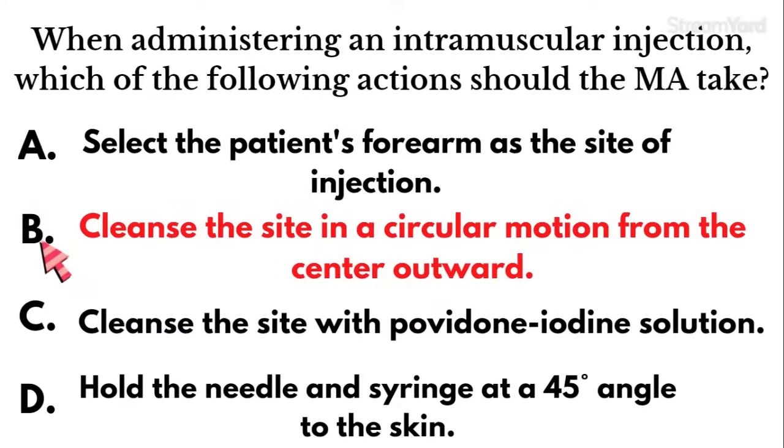Absolutely not. That's a subcutaneous injection. Cleanse the site with povidone iodine. We don't have to sterilize the area. Povidone iodine is a sterile solution. We don't have to do that. So the answer is cleanse the site in a circular motion from the center outward, because you want to wipe the contaminants away from where you're going to be injecting. Very good, ladies.